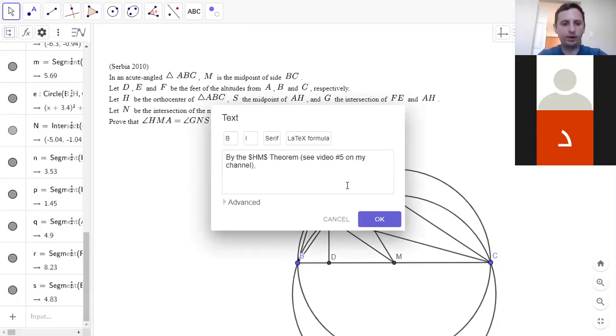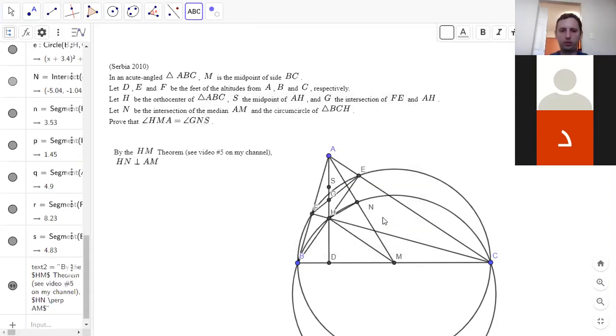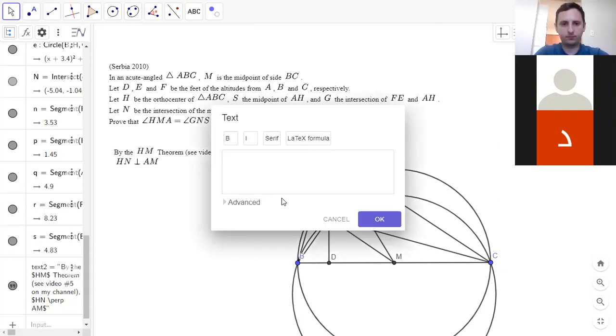So we have HN is perpendicular to AM. And so HNDM is cyclic. All right.